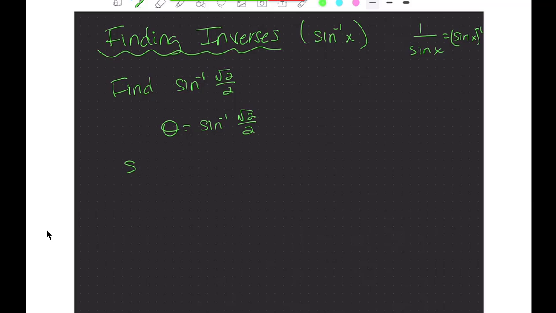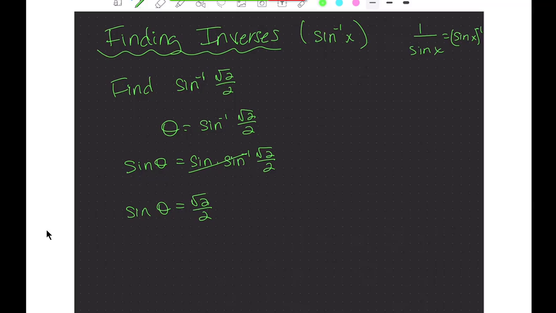Now I have sine of theta equals sine times the sine inverse of the square root of 2 over 2. My sine and my sine inverse cancel each other out. So now I have sine theta equals the square root of 2 over 2.